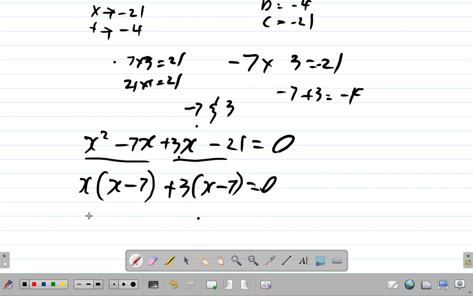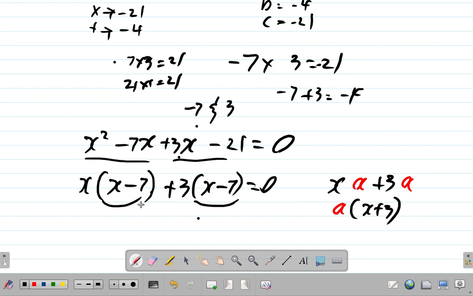Now we can take this as a common factor. It's like if you have x times a plus 3 times a. You put a outside the bracket and in the bracket you have x plus 3. You see that?